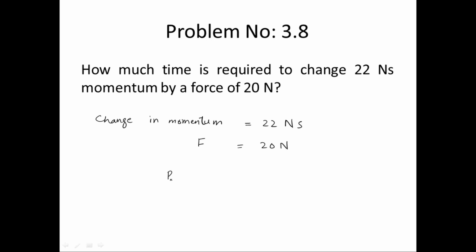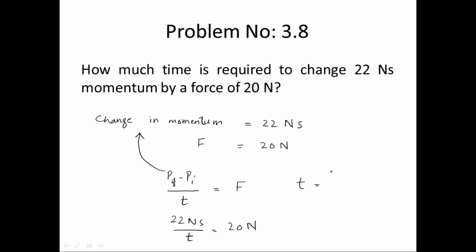So the final momentum minus the initial momentum divided by time, this is the change in momentum divided by time, is equal to the applied force. By putting the value, 22 Newton seconds divided by time is equal to 20 Newton.